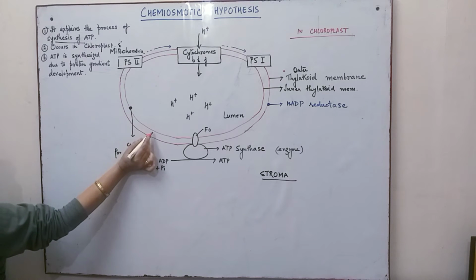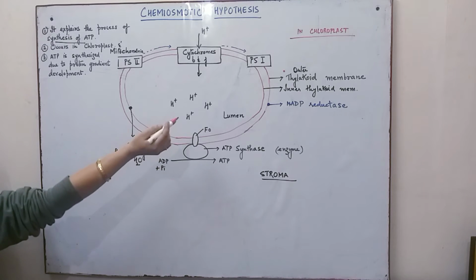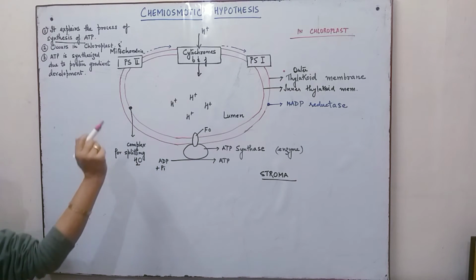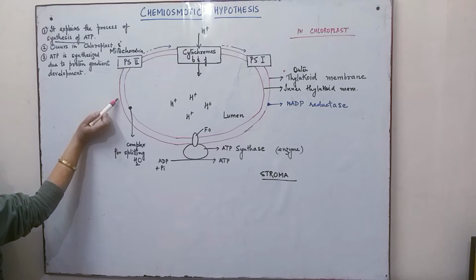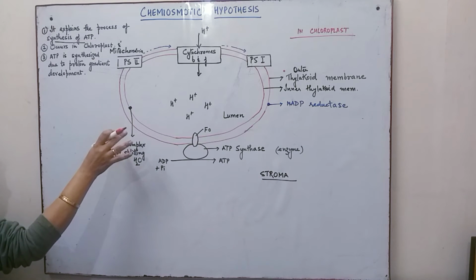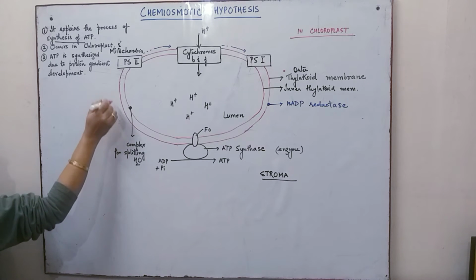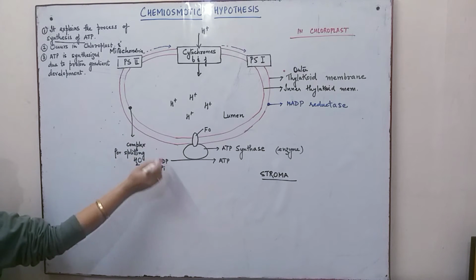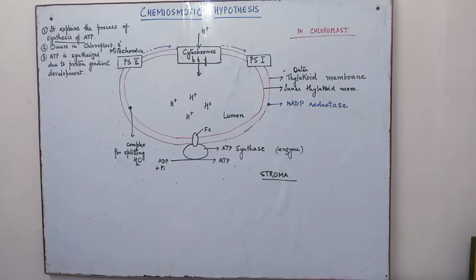These are the two membranes, thylakoid membranes, labeled as outer thylakoid membrane and inner thylakoid membrane. These two membranes are present and this is the structure of the thylakoid. Outside, what we see is the stroma, because the thylakoids or the grana lie within the stroma. So we have this structure.